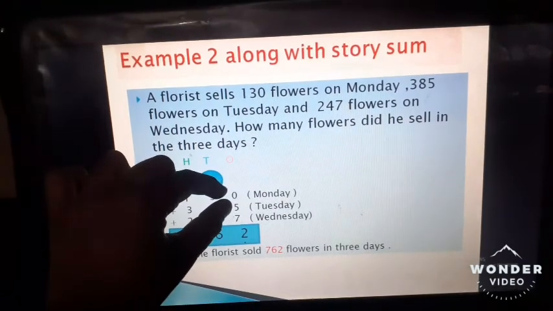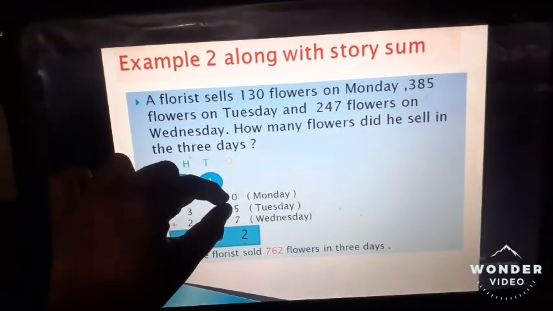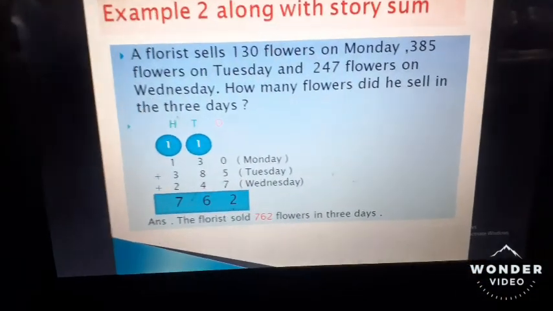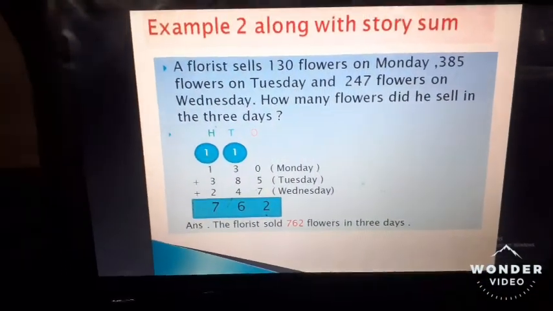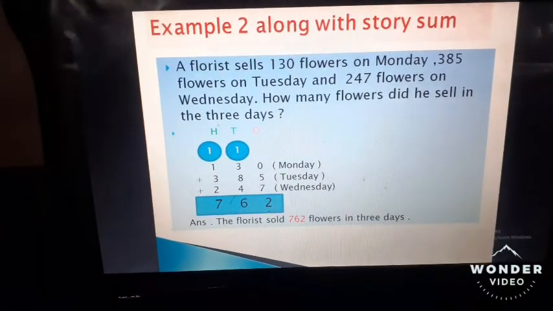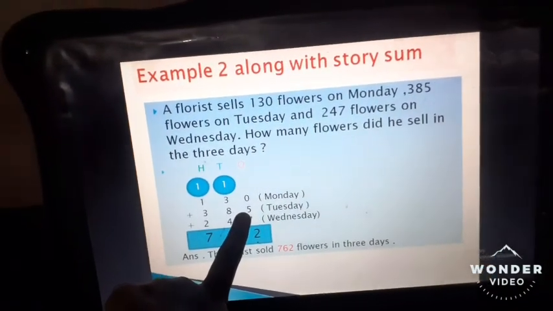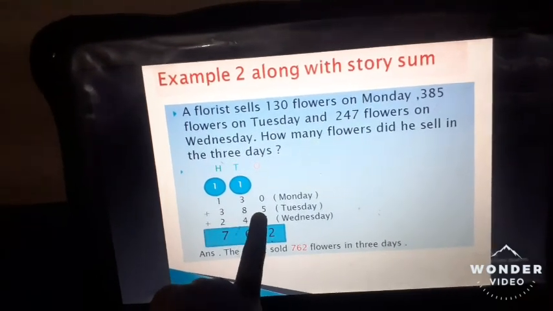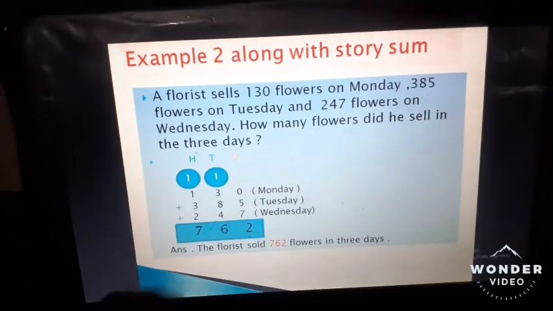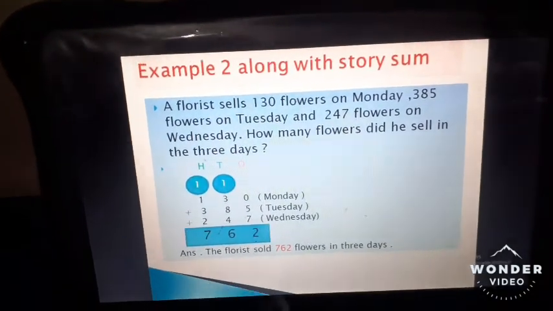First I will add 0 with 5, and the answer that comes I will add with 7. So students, 0 plus 5, whenever we are adding 0 to any number, we will get the same number as our answer. So 5 plus 0 is 5. Now 5 is my answer. I have to add 7 more.